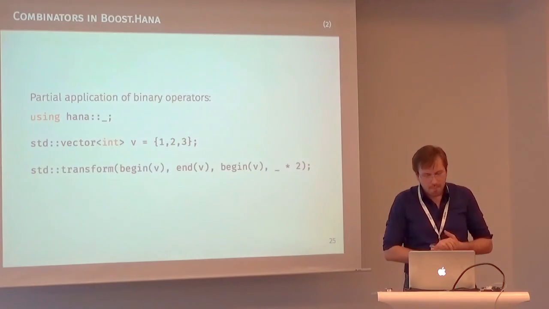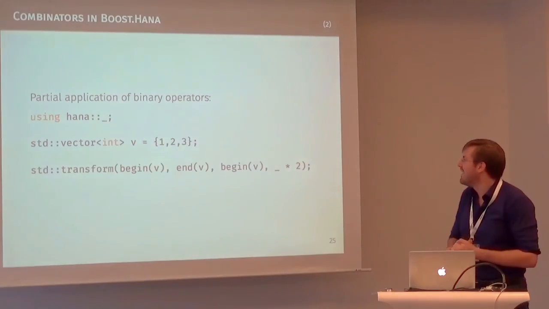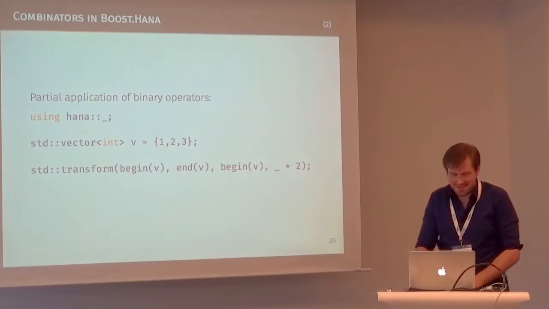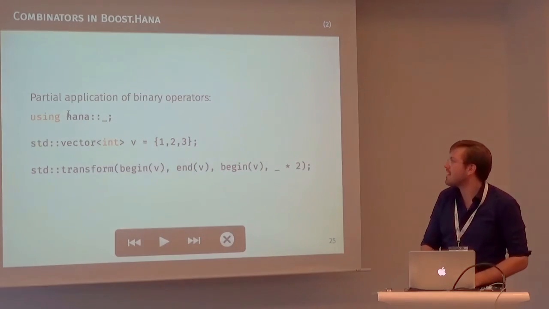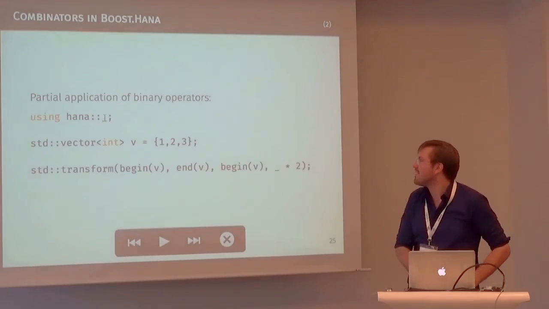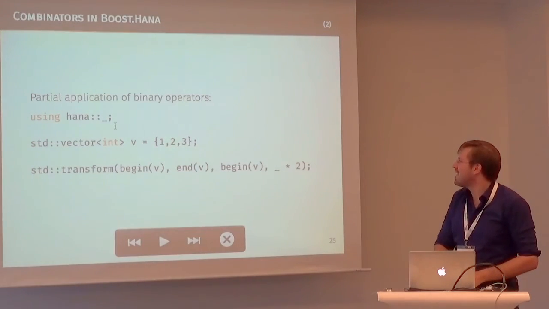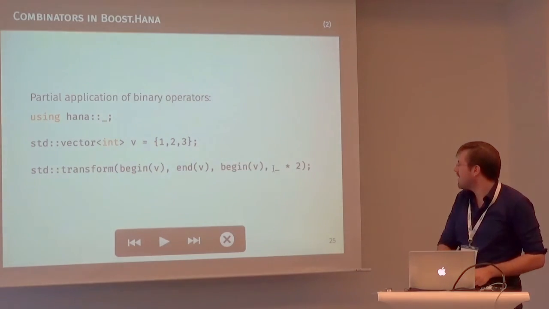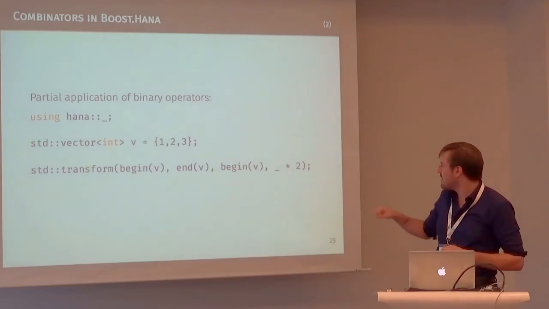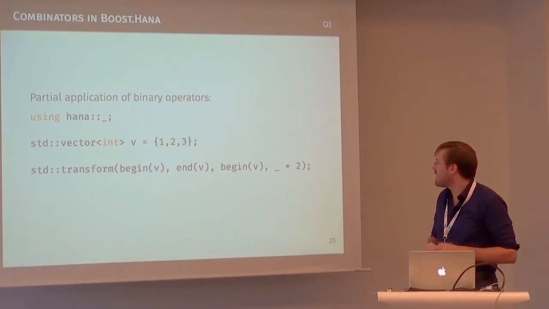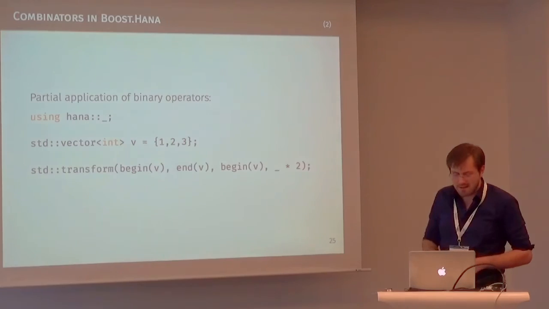And this using line seems a joke, okay? Using Hana, nothing, no. It's a very useful combinator that simply allows you to express a simple function that partially applies a binary operator, okay?